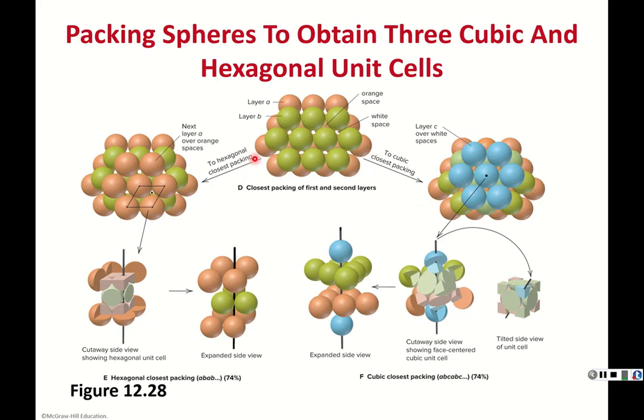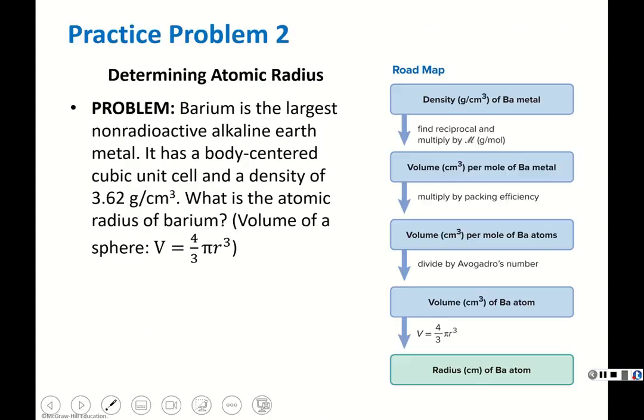There's also hexagonal packing, which is just slightly different, but we'll really be focusing on cubic packing here. For your information, the hexagonal closest packed and the cubic closest packed, or face-centered cubic, are very similar and have the same packing efficiency, which is 74%.